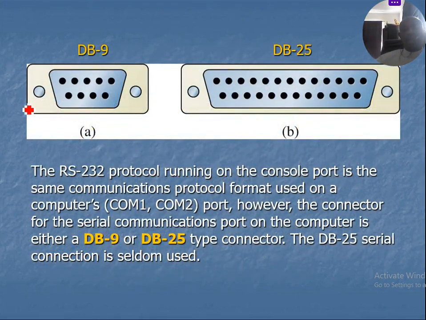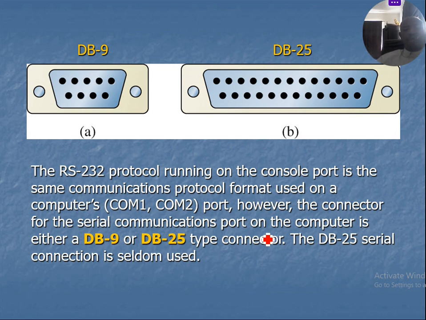Now this is an example of a DB9 and DB25 interface. The RS-232 protocol running on the console port is the same communication protocol format that is running in our computer. So we say COM1, COM2 in our computer ports.